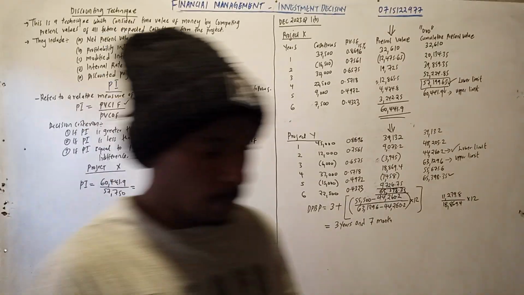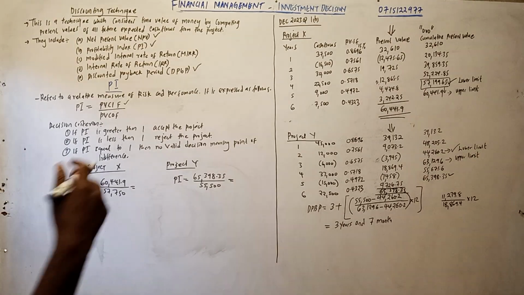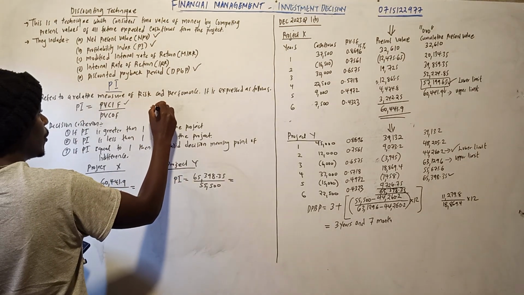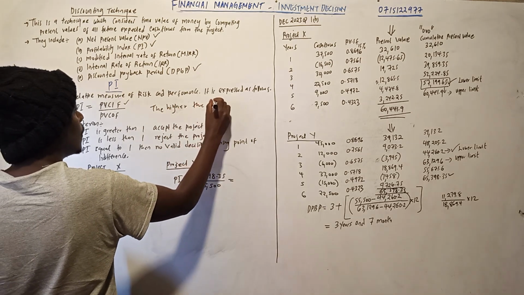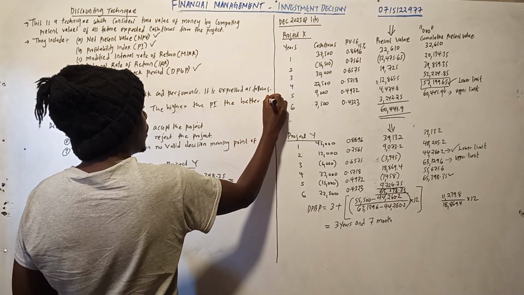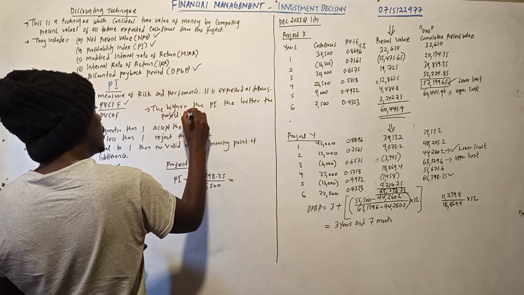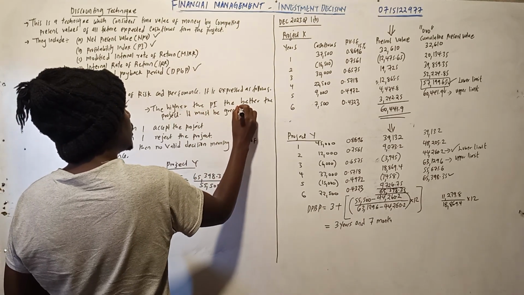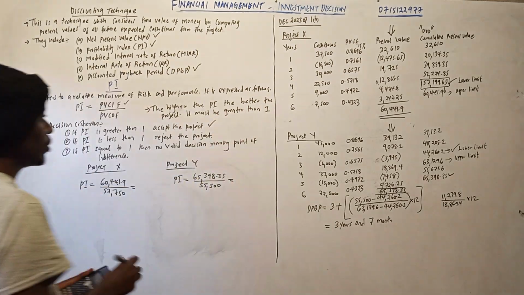Now tumesema yenye kuna more than one is the best. Sometimes people say the higher the PI, the better the project. But remember, it must be greater than 1 to be accepted.